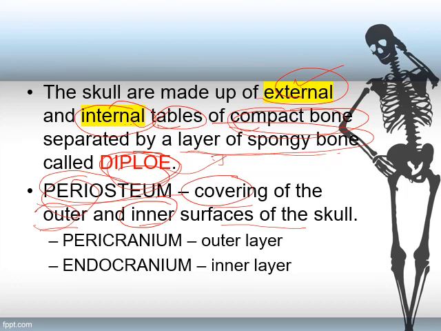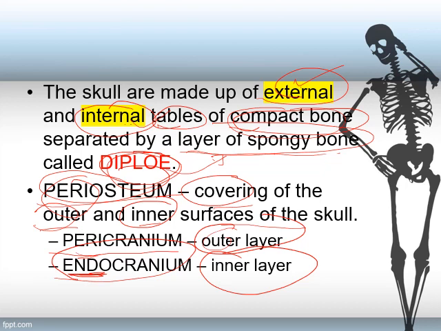If it covers the outer layer, it is called the pericranium. If it covers the inner layer, it is called the endocranium. So endo means inner or inside. Okay, so peri is outer or around.